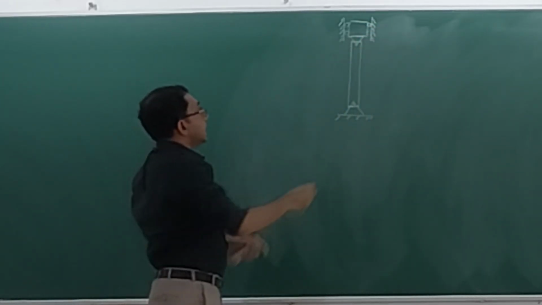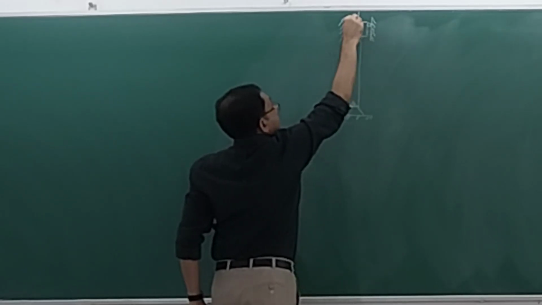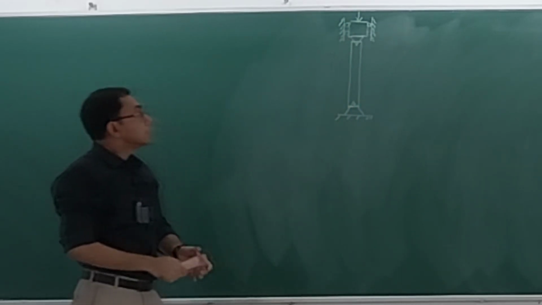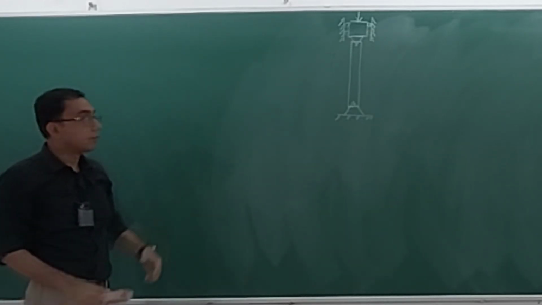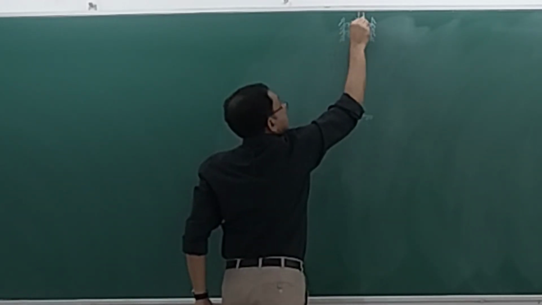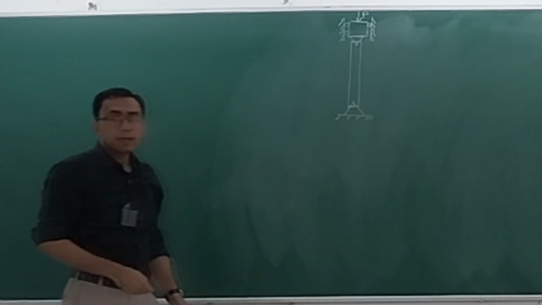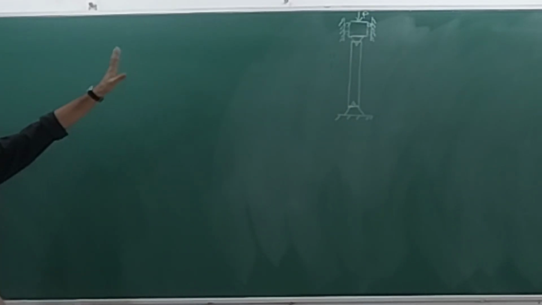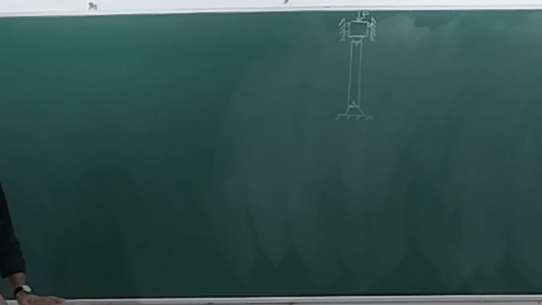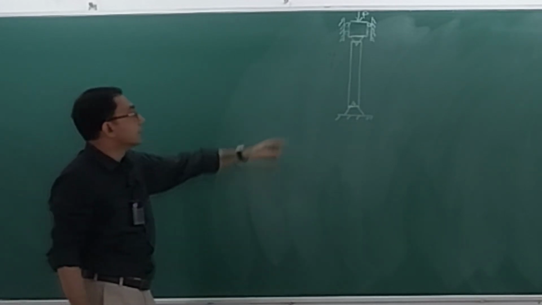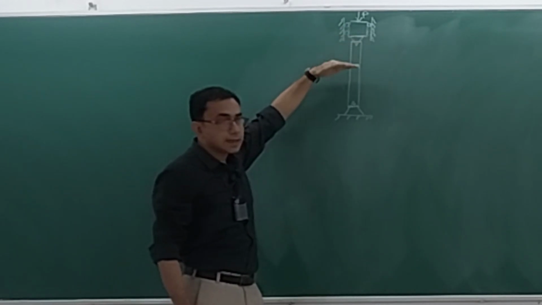And on top of that, there will be a force. That downward pointing arrow is the force P, just like in the previous example. Now, under normal circumstances, if you apply the force P, this thing will get compressed.